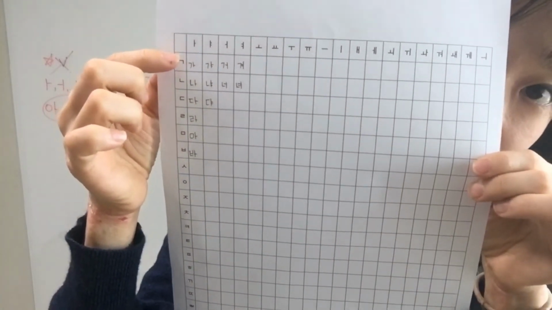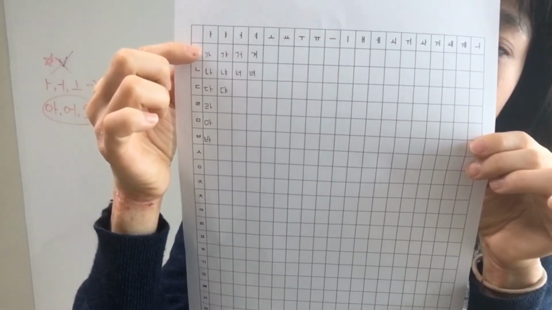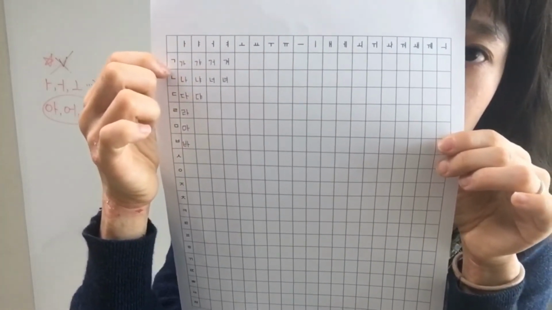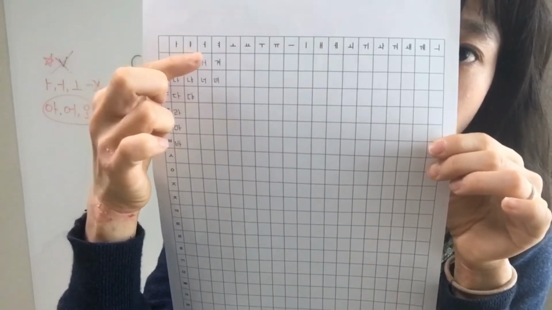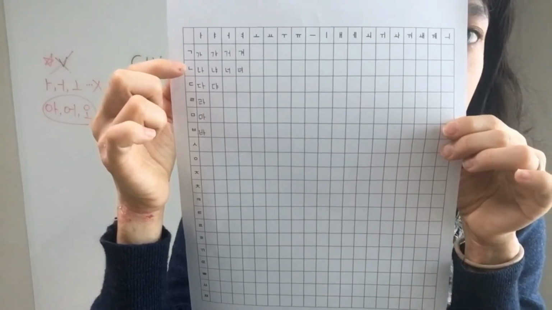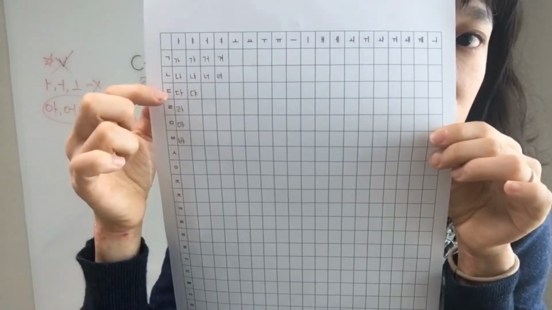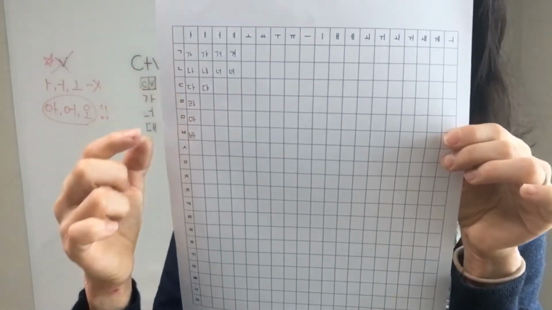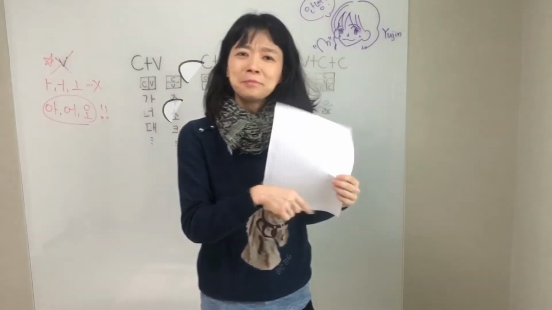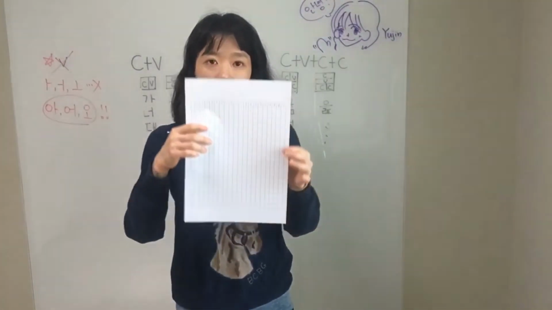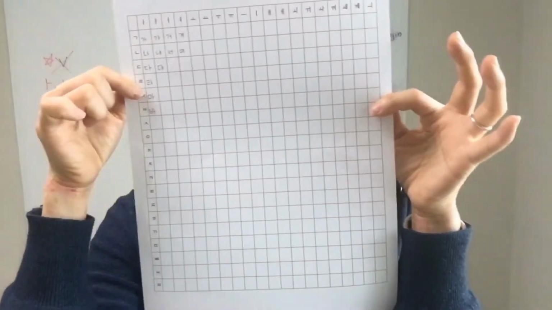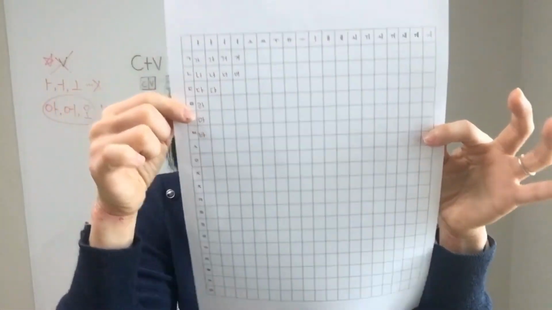So make these combinations. 그, 아, 가, 그, 야, 갸, 그, 어, 거, 그, 여, 겨. Same with n sound. N, a, na, d, a, da. I know I was too lazy to write all of it down. But trying with these consonant and vowel combinations is really useful.